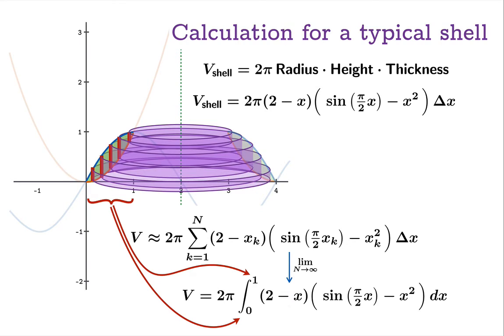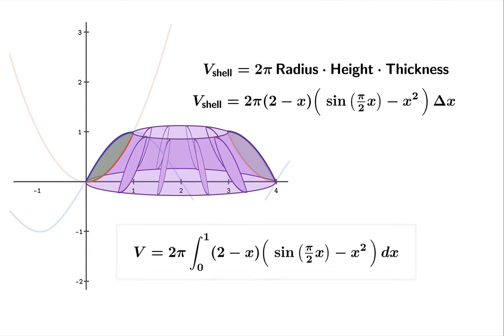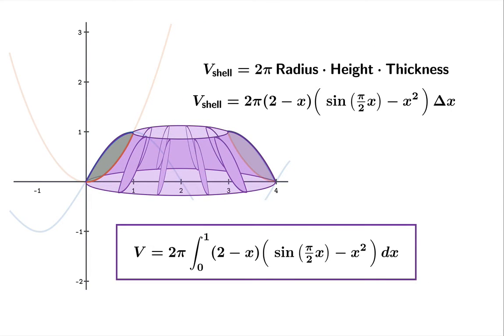In other words, that interval takes care of all of our shells, and so this integration should take place from 0 to 1. So there's our integral. We're going to leave it as an exercise to evaluate this. Warning, there's going to be integration by parts involved. But that's your volume integral for this shape.